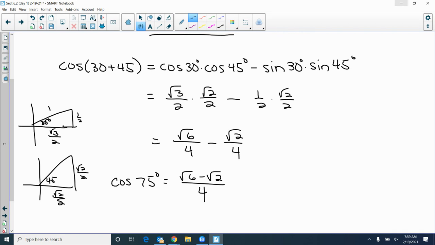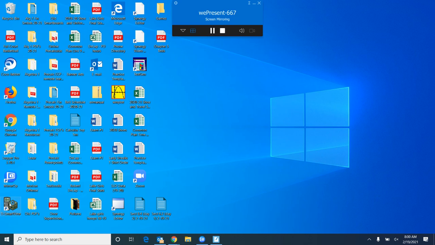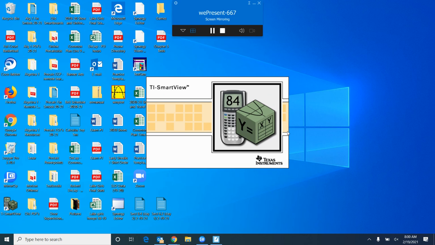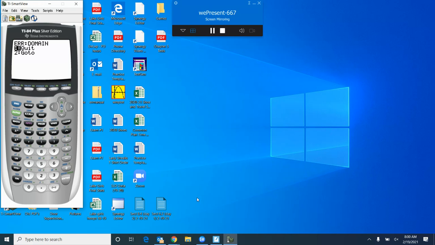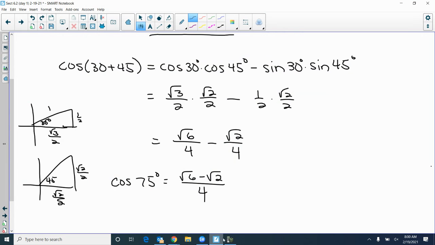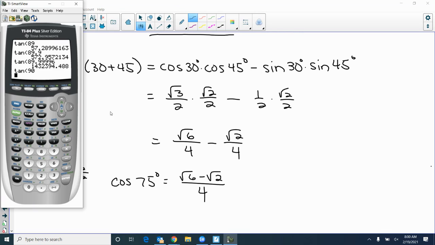All right, you got your calculator handy. Go ahead and hit cosine of 75 degrees. See what it gives you. I've got to pull mine up here. So cosine 75 degrees gives me that decimal, 0.2588190451.